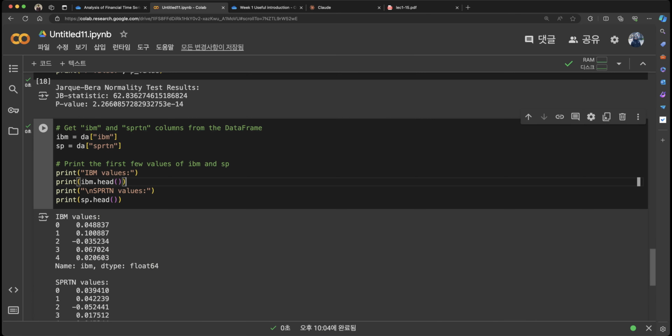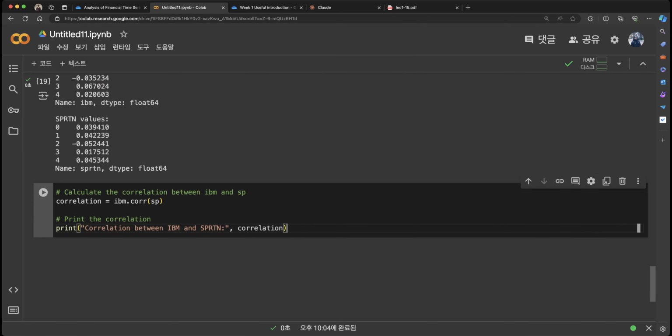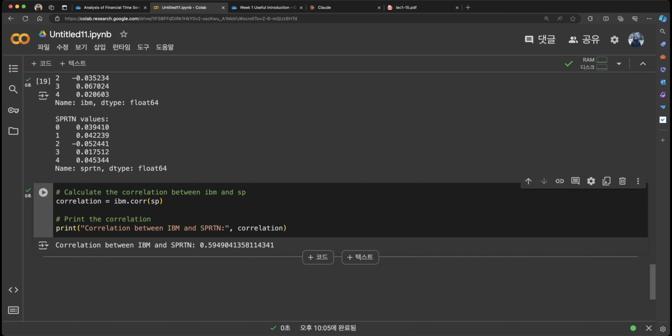So we can get the correlation like this. The correlation between IBM and S&P return is about 0.56.